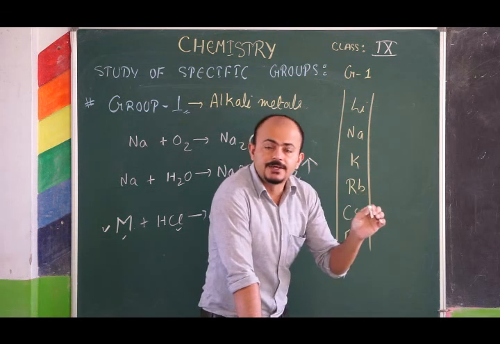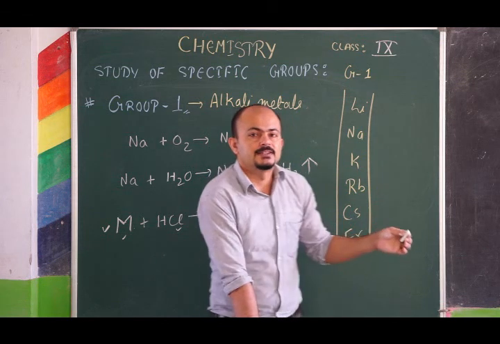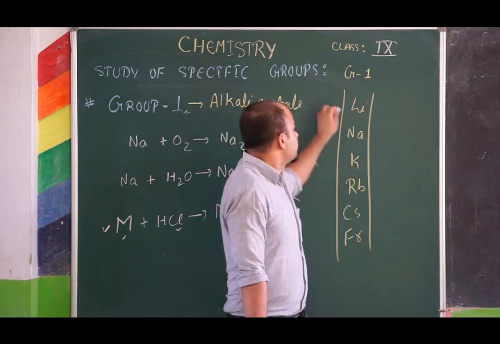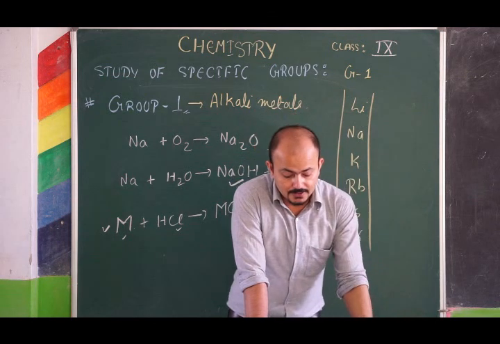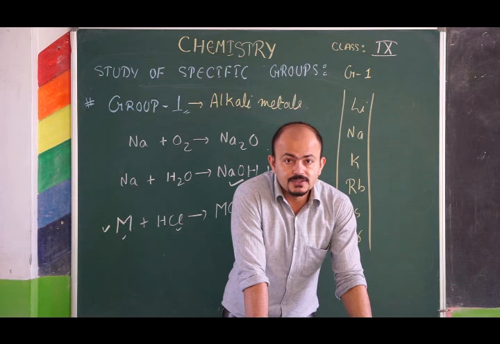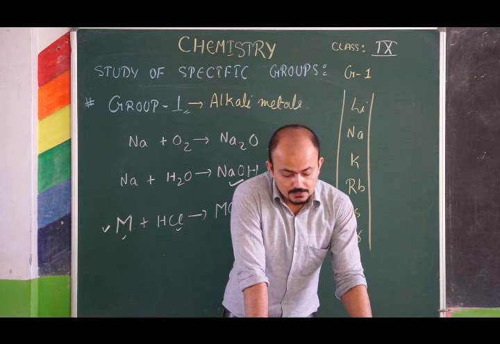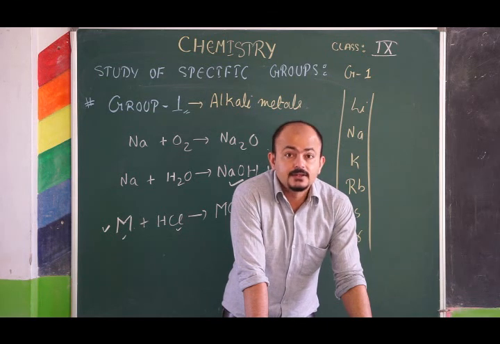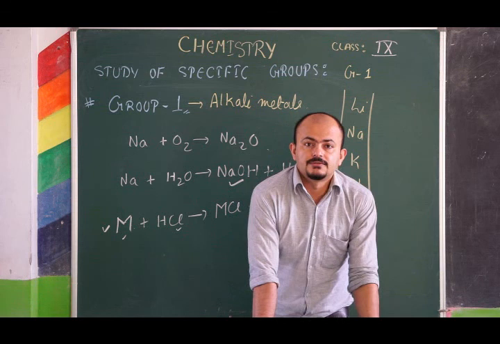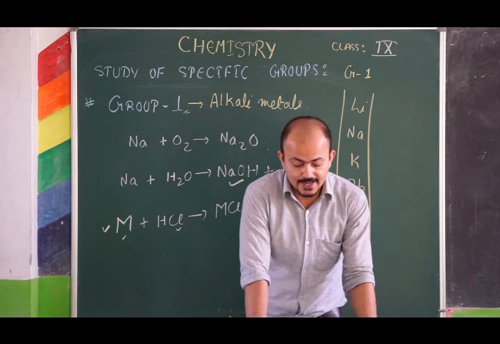From the color of the flame you will be able to identify it, because it gives a characteristic color to the flame. Like here you have seen, lithium gives crimson red. You have to remember this. Sodium gives golden yellow. Potassium, lilac. Okay, these are the characteristic colors imparted to the flame by each of these group 1 elements.